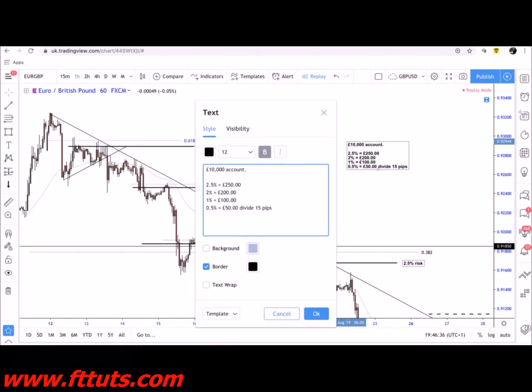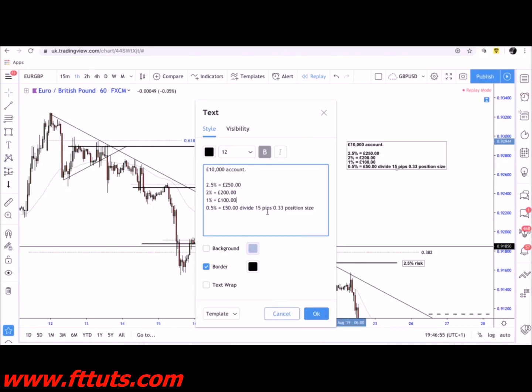So that would work out at 0.33 position size, because we're doing £3.30 per pip times by 15. So that's our initial position size on that one.